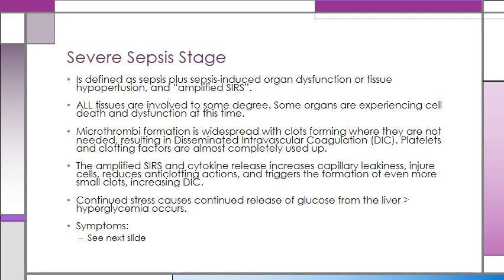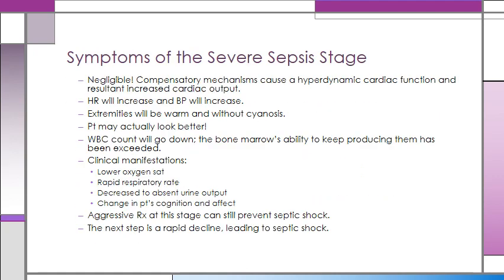Continued stress causes continued release of glucose from the liver, and so hyperglycemia will occur. The symptoms of the severe sepsis stage are negligible. Compensatory mechanisms cause a hyperdynamic cardiac function and resultant increased cardiac output. So the heart rate is going to go up a bit, the blood pressure will get better, the extremities will be warm, and they will not show cyanosis because the cardiac output has increased that circulation.